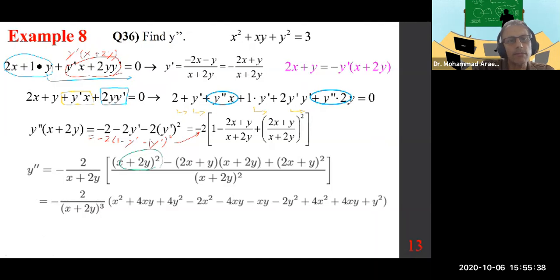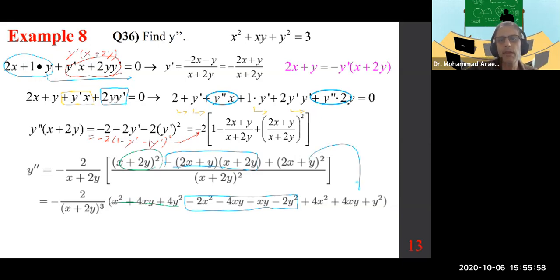This one is this part. And the last part. Now you combine them. And this is what you get.